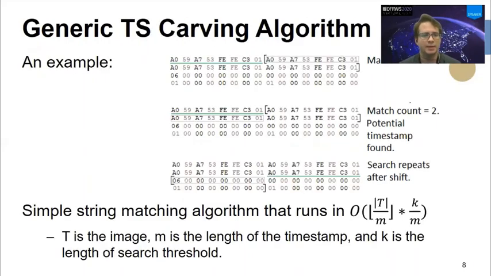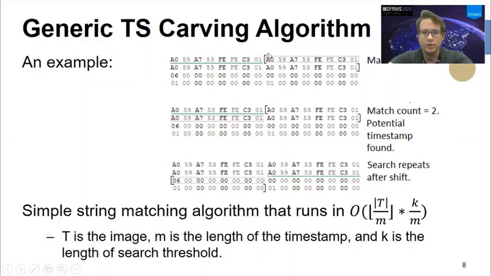But let's first look at the generic timestamp carving algorithm, the algorithm for finding potential timestamps. The way we're going to try to understand the algorithm is through example. But the main idea of the algorithm is that for each non-overlapping m-length sequence of bytes, so in this case, an 8-length sequence of bytes, we are looking at it as if it were a keyword.